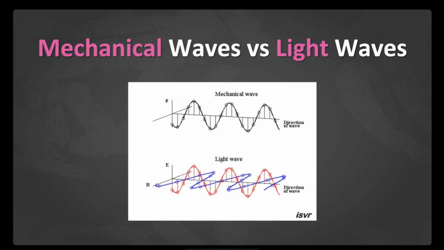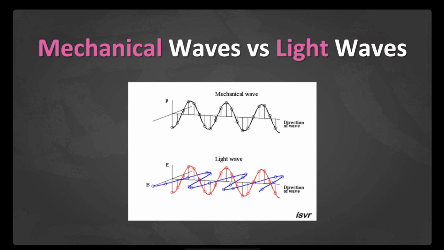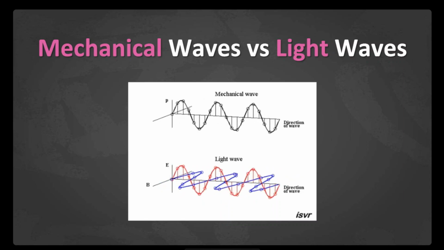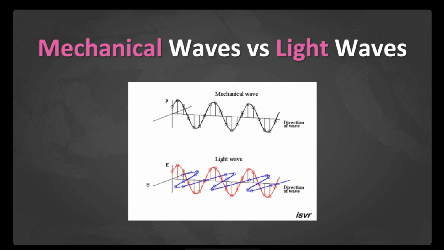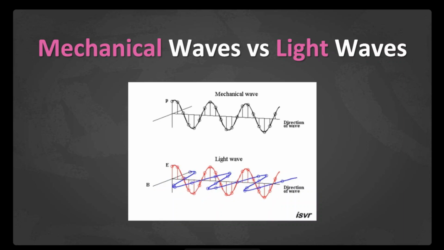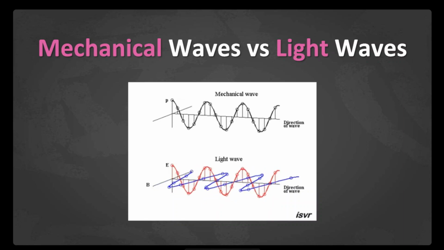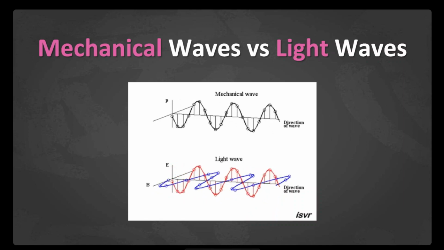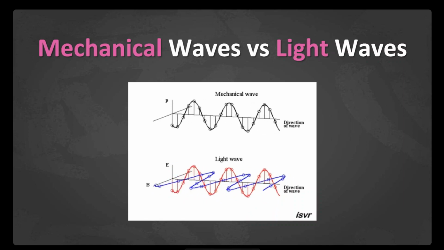I know, it's ridiculous. From that entire distance of the sun to the earth, that energy is just traveling through nothing. Then it comes in contact with our atmosphere and travels through the air. So these light waves can travel through a medium, but they don't require it.